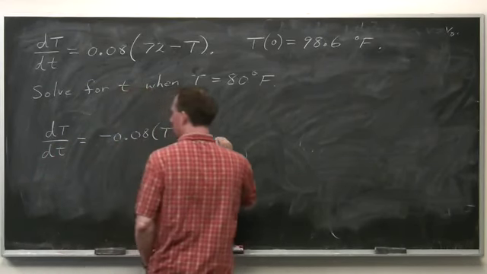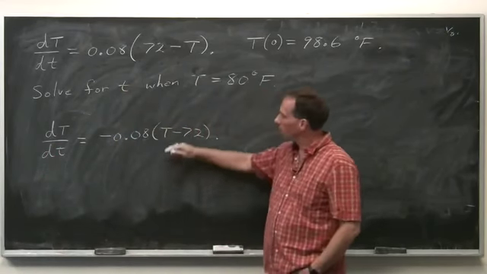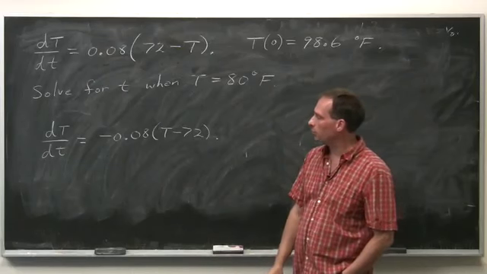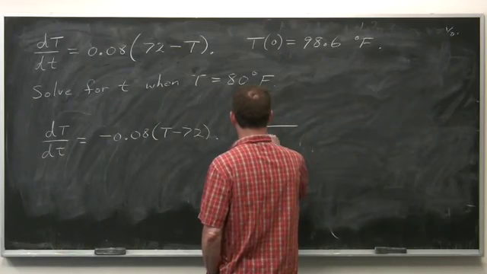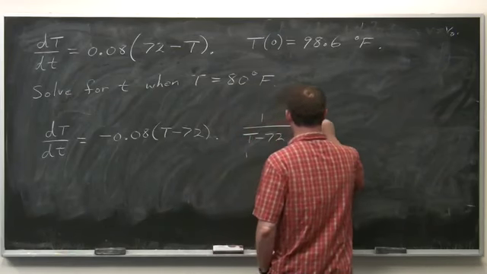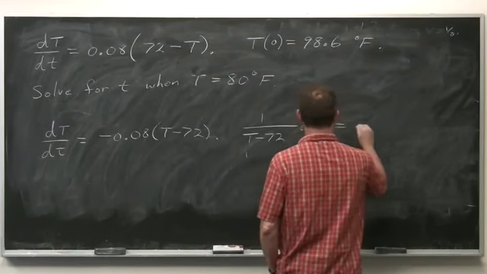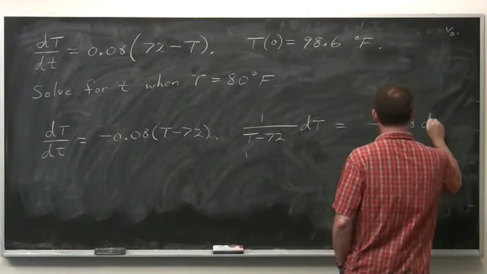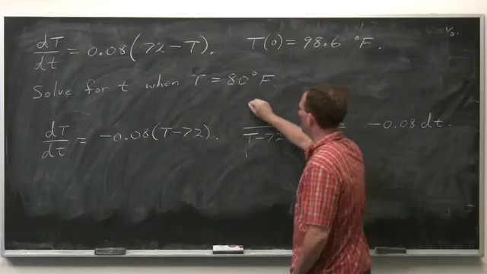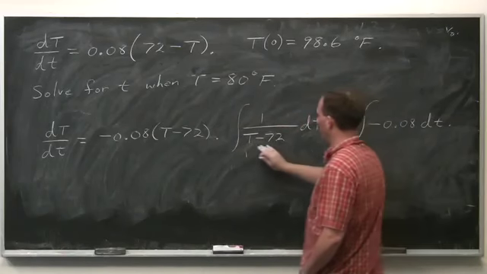You don't have to do that, it's a minor convenience. Divide both sides by T minus 72 and multiply by dt. We get 1 over T minus 72 times dT equals minus 0.08 dt, and you integrate both sides.